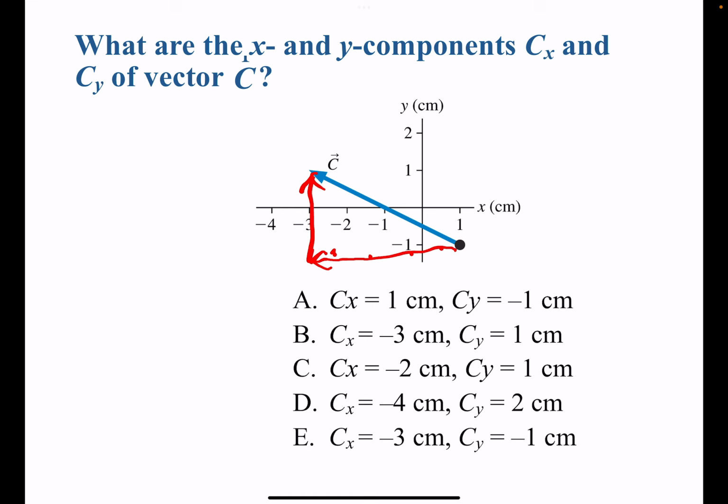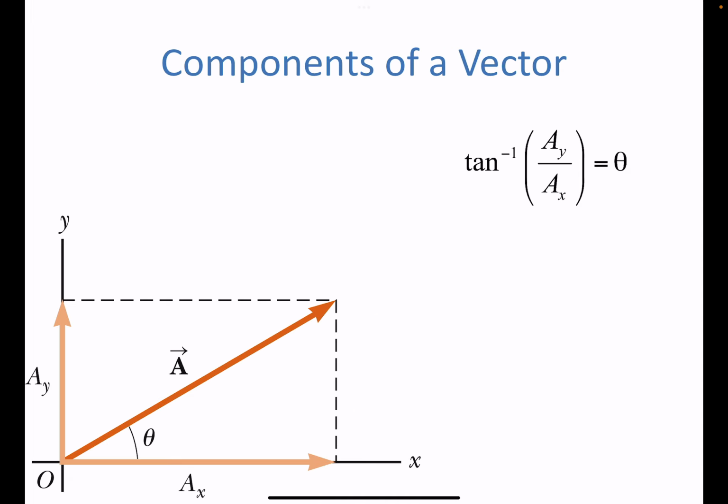We need to count the magnitude of the x component: 1, 2, 3, 4, and it is pointing in the negative x direction. So I would say the x component is -4, and the y component is pointing in the positive direction. The magnitude is 1, 2, right? 2 centimeters. So the y component is 2 centimeters. I would think the correct answer is D.